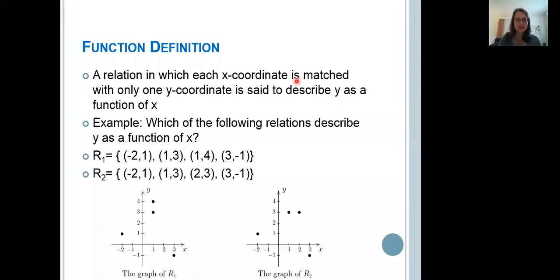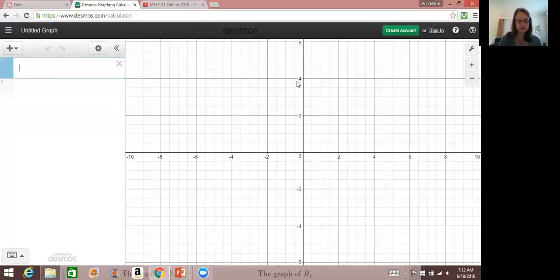So let's graph the relation (-2, 1). Sorry, we're on the new computer. Someone turned off my num lock, which makes me do silly things. Then (1, 3). So I'm graphing relation 1 right now.